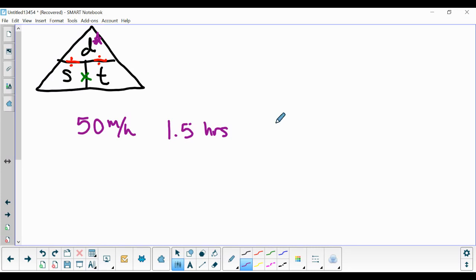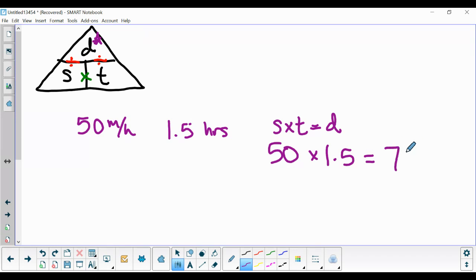I'm going to take my speed times my time to give me my distance. So I plug in my numbers: 50 times 1.5. That gets me 75 miles. It's really important, you guys, that we're looking at our units every time we are doing a problem like this.